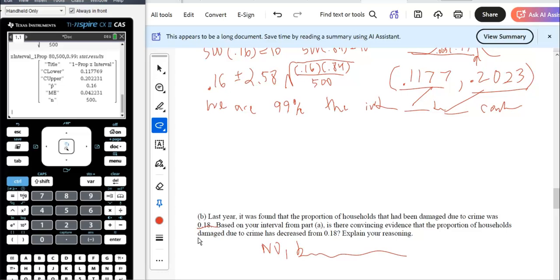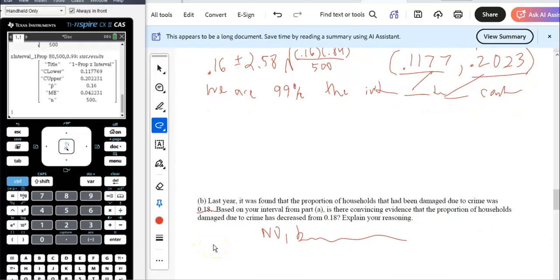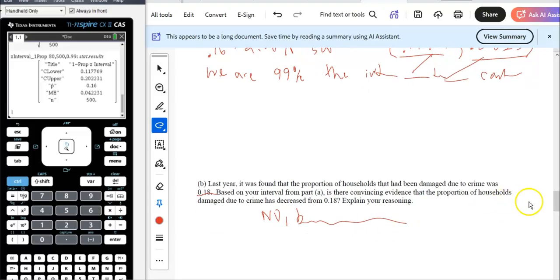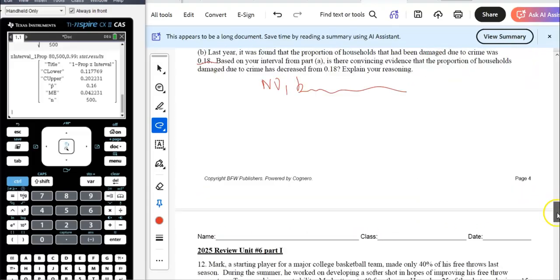It's a reasonable value, a plausible value. So we don't think that unusual, and so we don't have enough evidence to say that it is decreased from the 18%. Just want to show you what they wrote here, their answer.